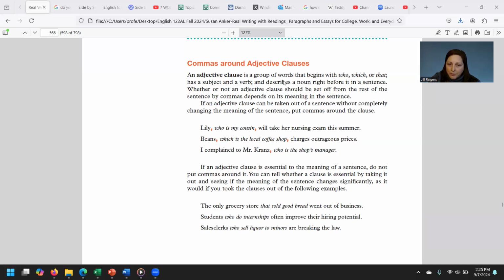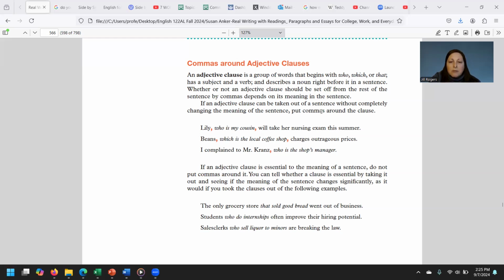Okay, I wanted to read all of that because it has three things. First, who, which, or that. Second, a subject and a verb. And third, it describes the noun that came before it. So for example, Lily, who is my cousin.